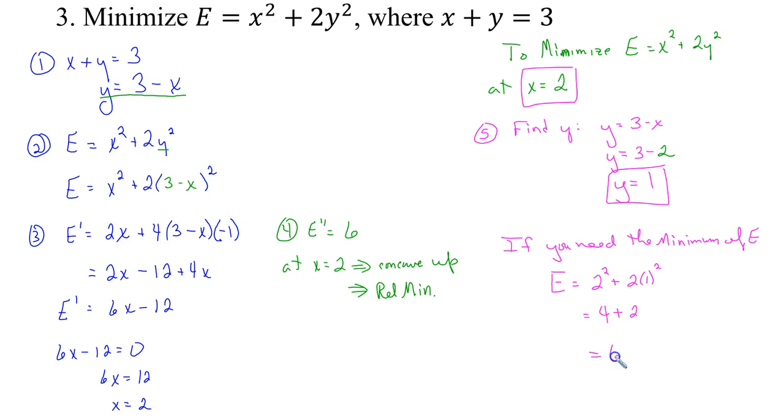And so the actual minimum value of this objective function is 6. So when x plus y is equal to 3, this is just an additional piece of information, but this would be the minimum value of my objective function e. Okay? So sometimes it asks us to take it one step further, so just in case.